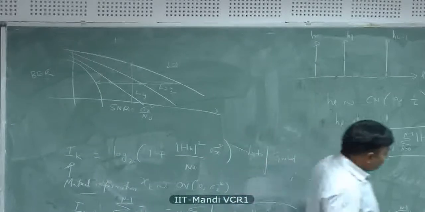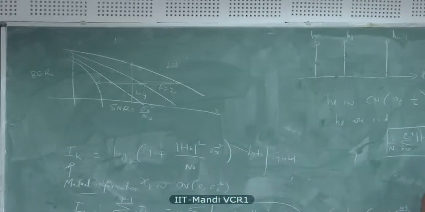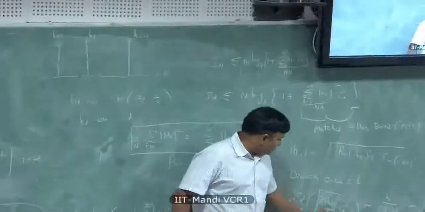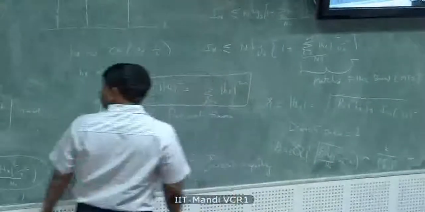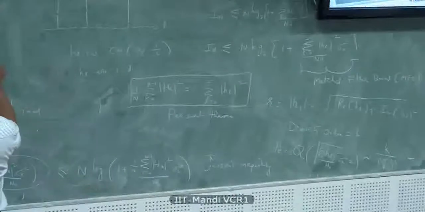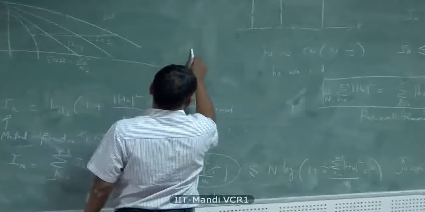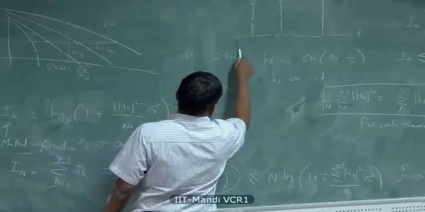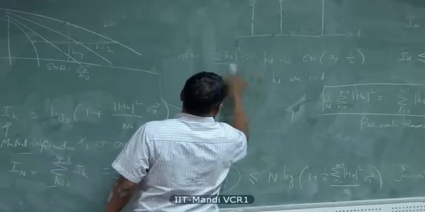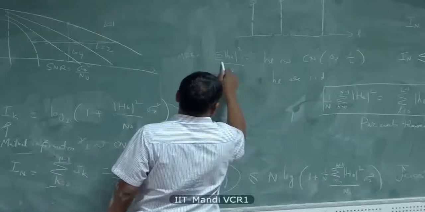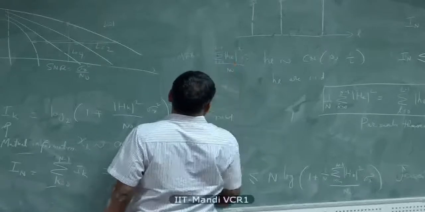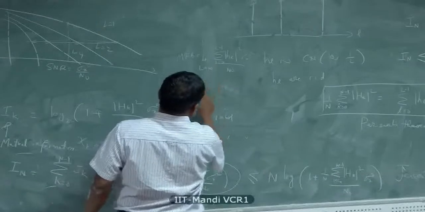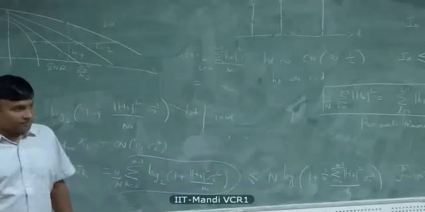In the limit where L is very large, what happens to this metric? If L tends to infinity, what happens to this SNR matched filter bound? Any idea? In the limit where L tends to infinity, do you know what this tends to?